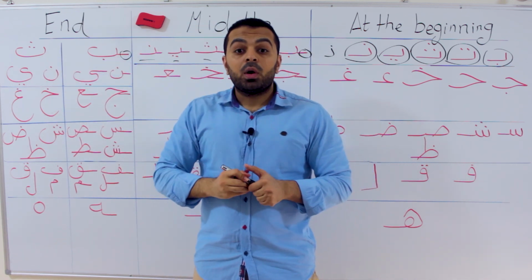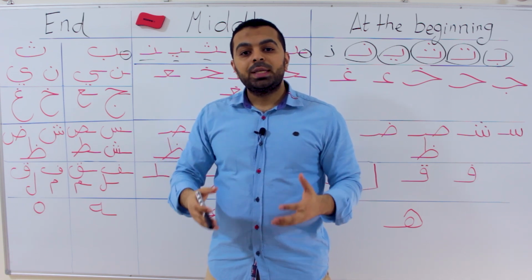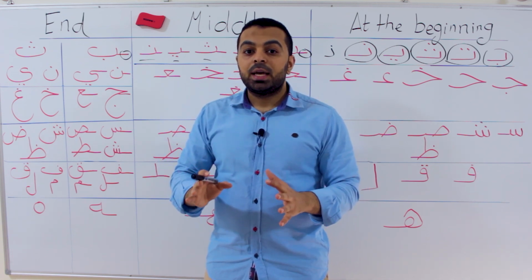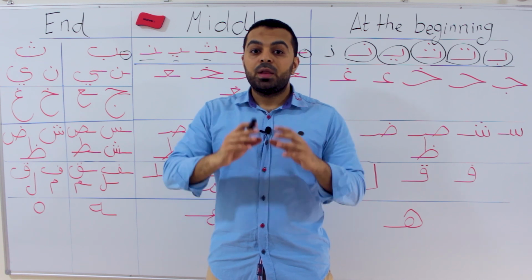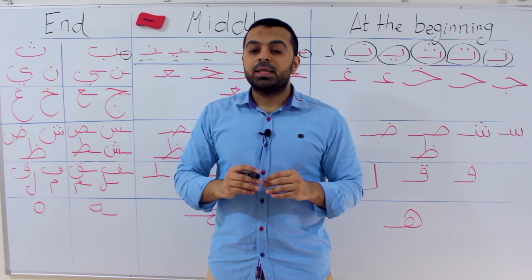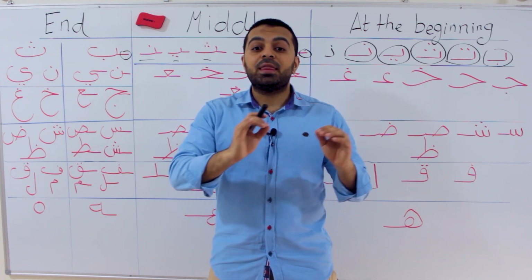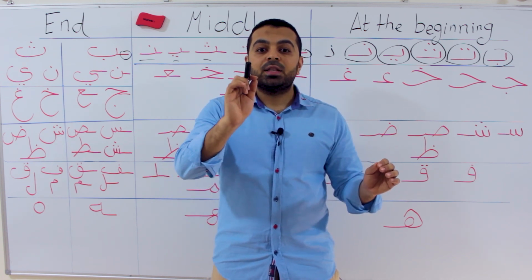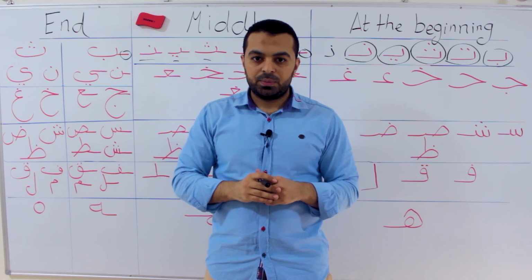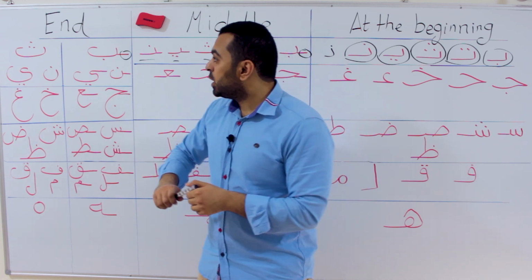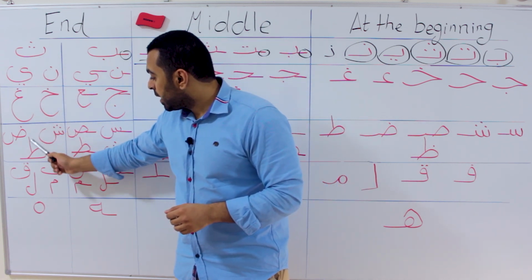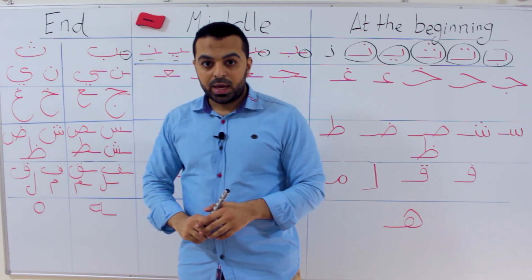Do you remember the first lesson? We studied the letters in a default form. The default form is the form that the letter comes at the end of the word and is not connected to the previous letter, okay? Which is this form in this column, okay?